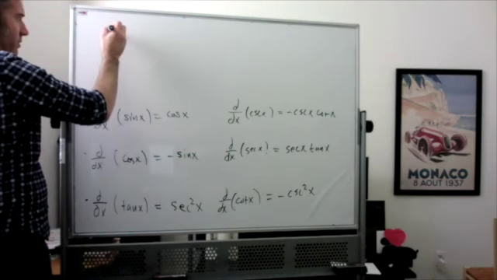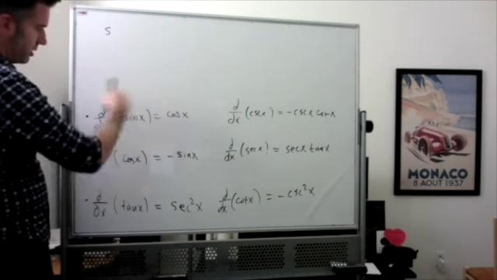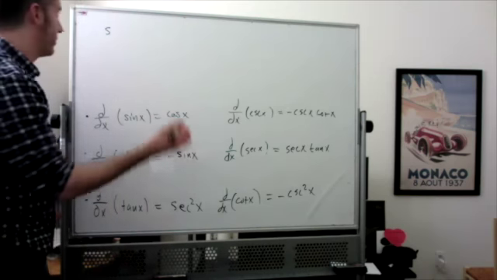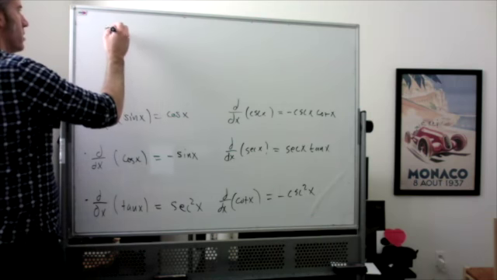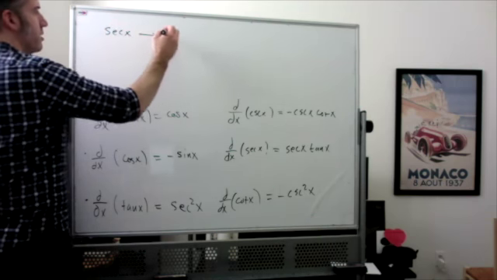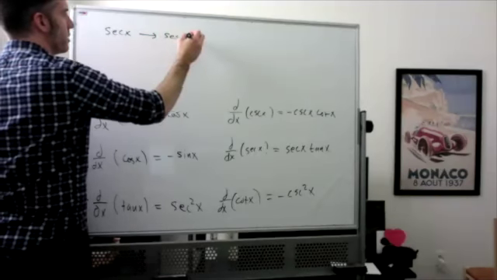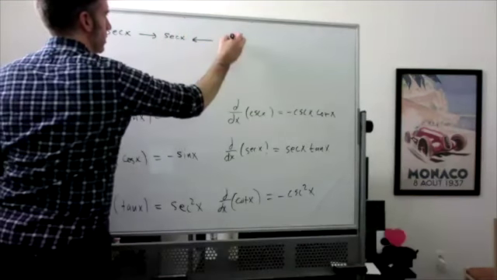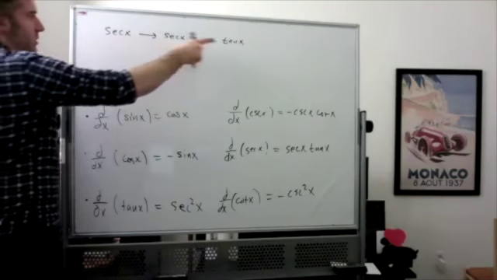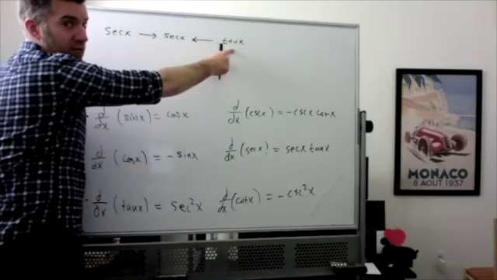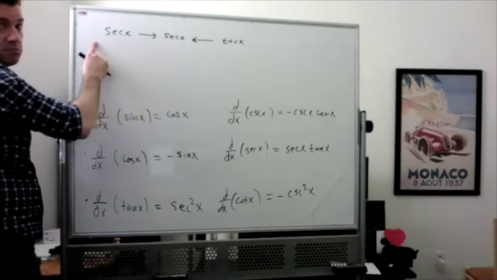A student showed me this. So for all the derivatives other than sine and cosine, they showed me this. Secant x arrow, secant x, tangent x. So the derivative of secant is secant times tangent, and the derivative of tangent is secant times secant. It's kind of cool.